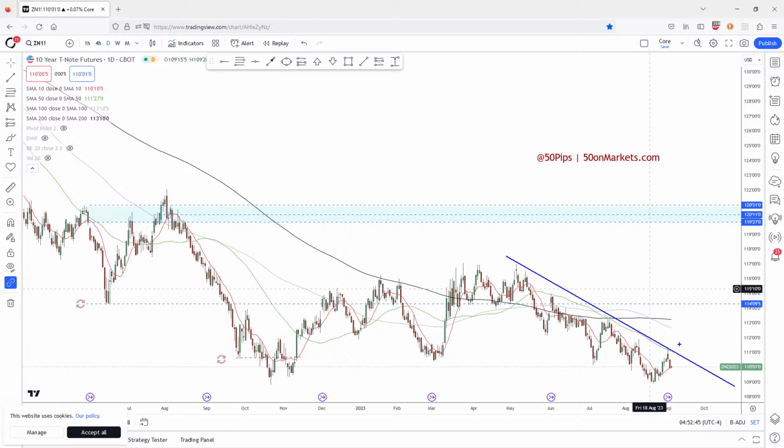All the moving averages are still in place. So the risk here is also for this to flush lower. And remember what happened last time, rates flushed lower, people got scared about rates. It doesn't bode well for risk across the board. So you want to be a little bit careful.